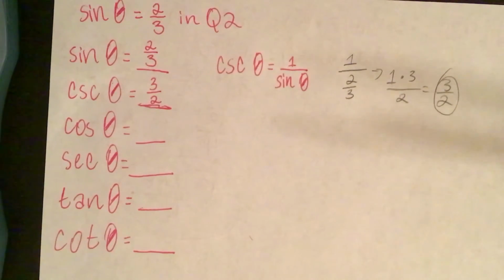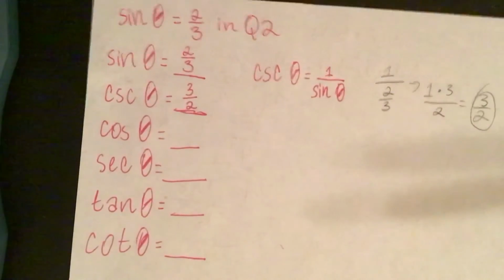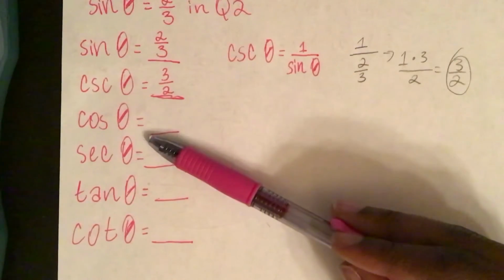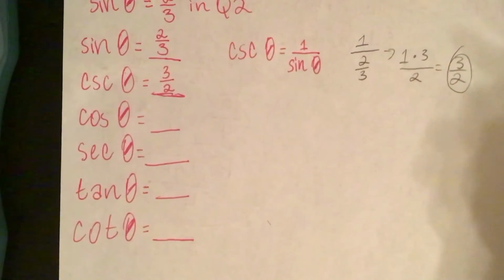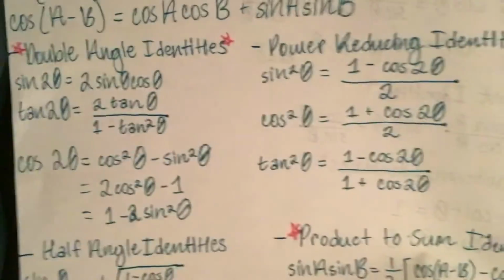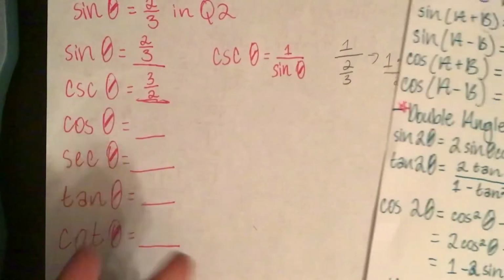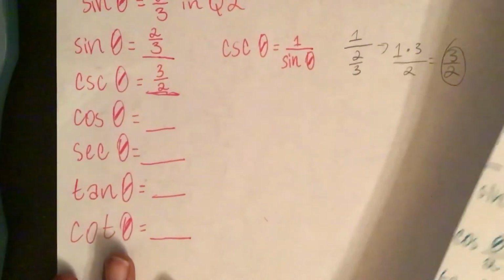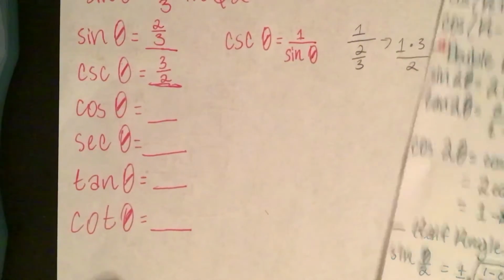So remember how in the last video I talked about when we're looking for a certain trigonometric value, we have to utilize identities that involve those values? So looking at our cheat sheet here, we're going to find an equation that utilizes both sine and cosecant, or something that can help us to find any one of these functions.